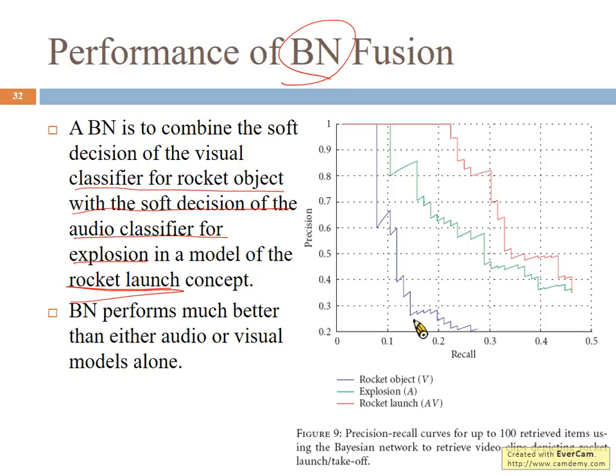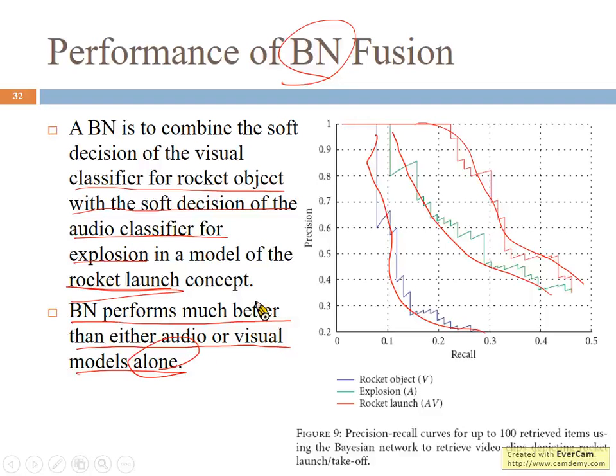Here they compare the Bayesian network just using the visual concept, just using the audio concept, or using both audio and video concepts, and we can see that the Bayesian network performs much better than either the audio or visual model alone. So this result suggests we have to integrate audio information and visual information to detect a high-level concept.